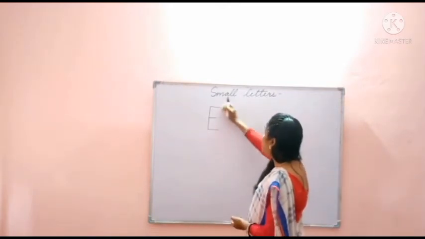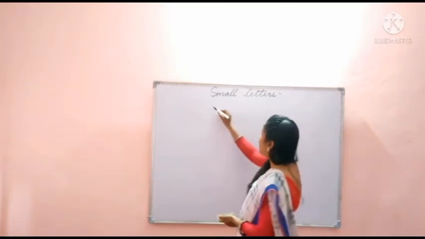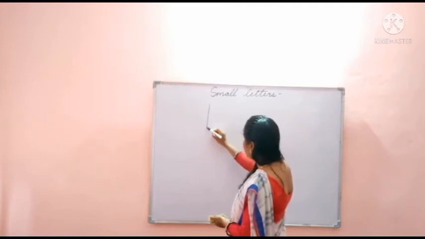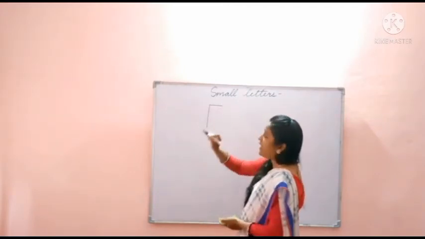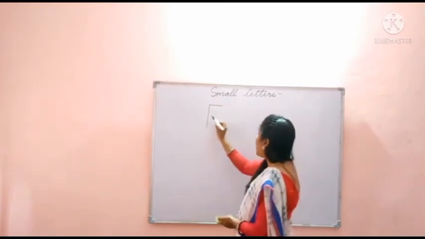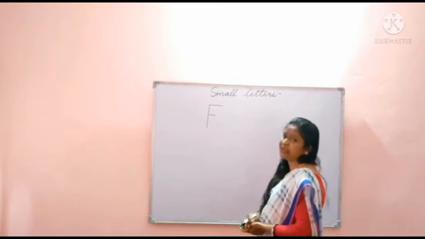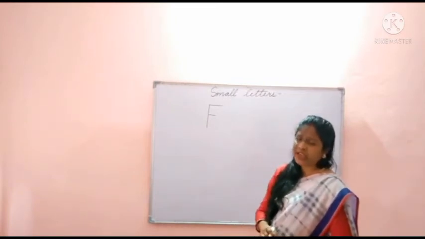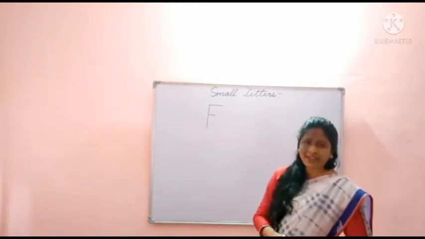Now we are going to write capital letter F. How to write capital letter F? Line, a sleeping line at the top and a small sleeping line in the middle makes the letter F. E, F. This is the way we write capital F, right?